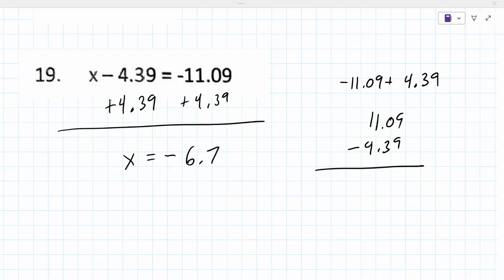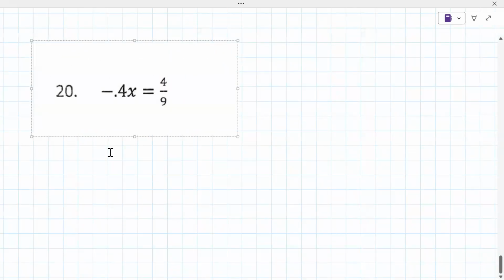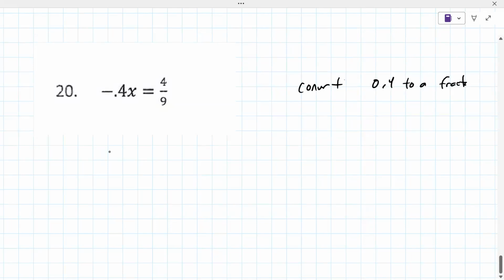Okay. So the rest of them are different. So number 20. That's minus 0.4x equals 4/9. I would convert 0.4 to a fraction. Do you remember how to do that?